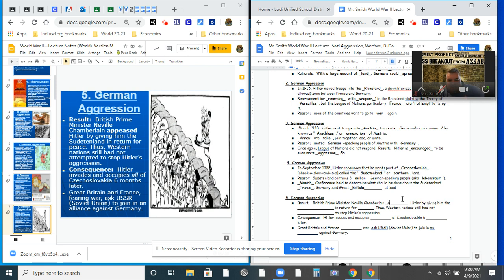So we're adding appeased. Appease is to please or give in to an aggressor. And you're giving that in return for peace. So you give the Sudetenland in exchange for peace. They don't get peace, they just get more German aggression.